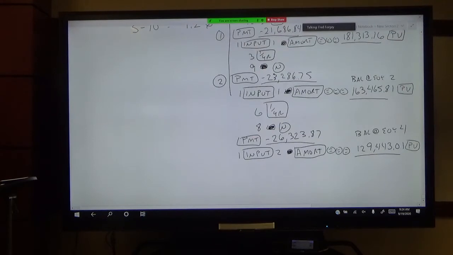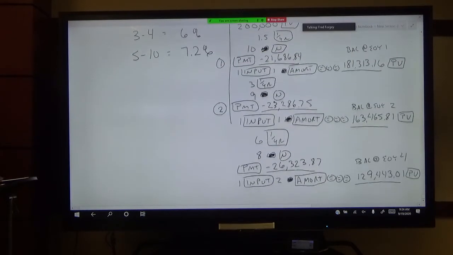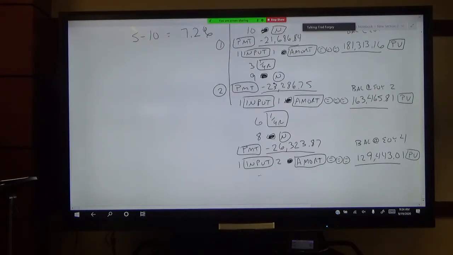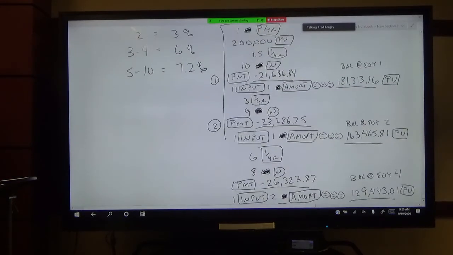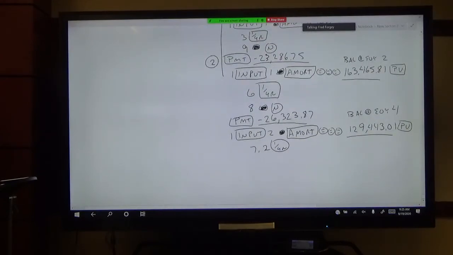And with our next one, 7.2% interest rate. And how many years is this? 6. Okay, so does everybody see that? Okay, and we get our payment.